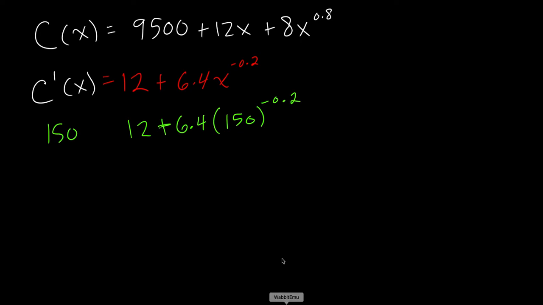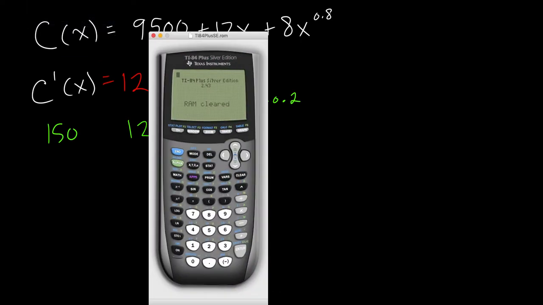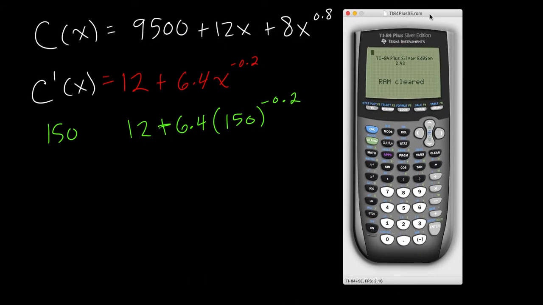Okay, open up my calculator. So we have 12 plus 6.4 times 150 raised to the negative 0.2. Okay, so we got 14.35.